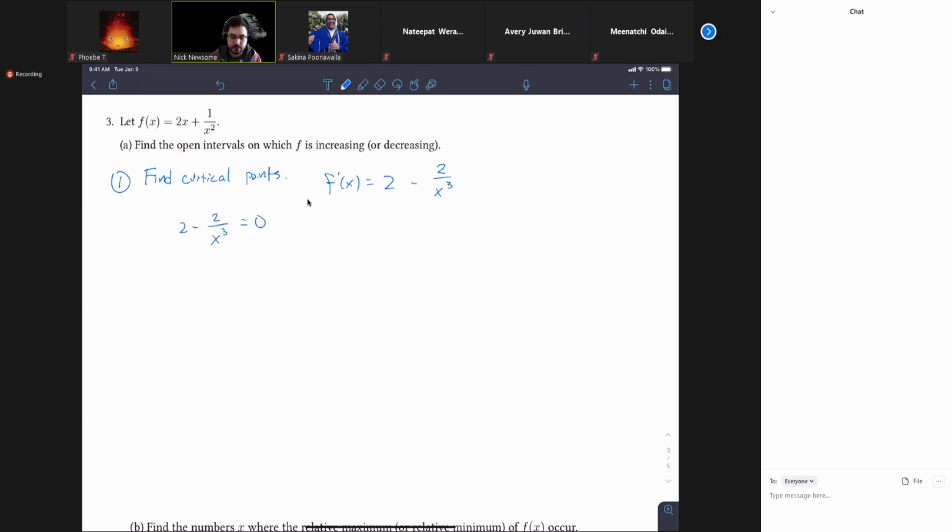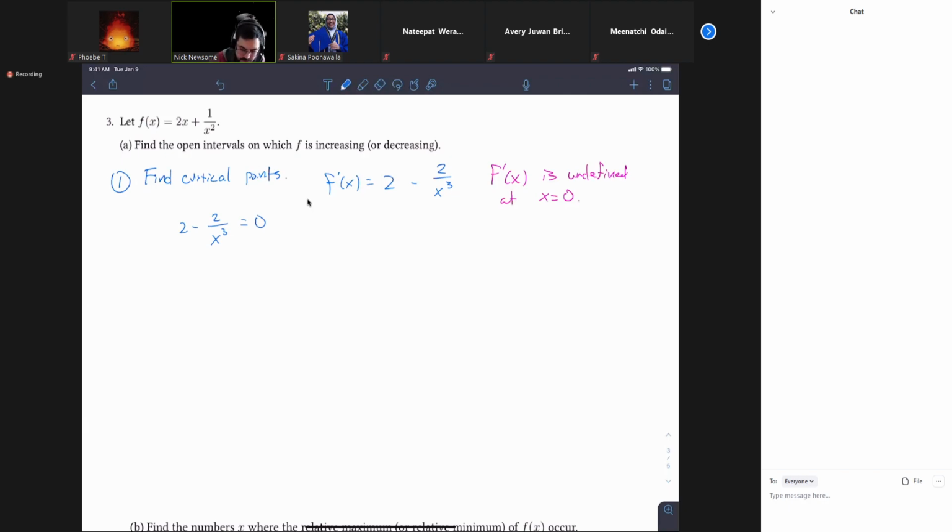All right, the first thing we notice is that this thing is undefined at 0, because of this denominator. So we'll need that on our number line. And then where else is this thing equal to 0? Now that we've said, okay, we're not worried about x equals 0, we can solve this thing normally. So how do we do that?